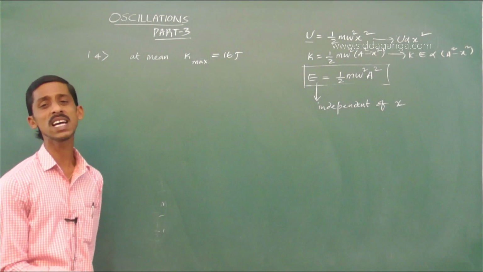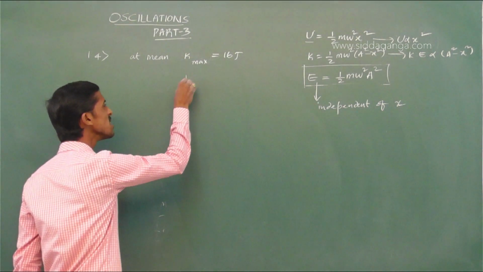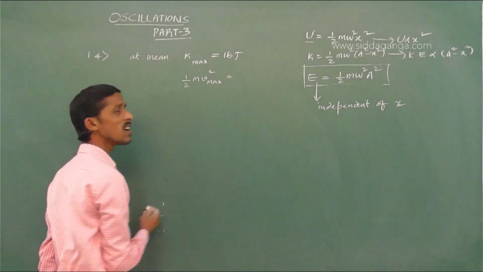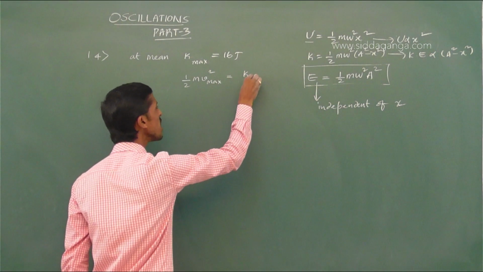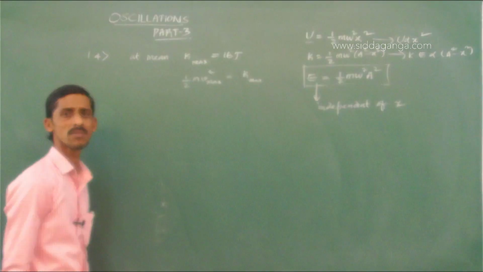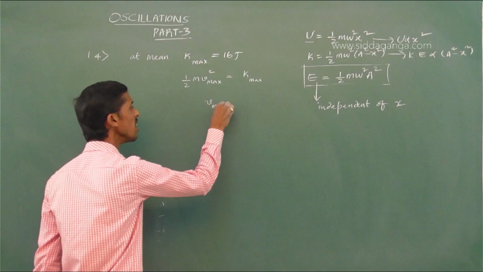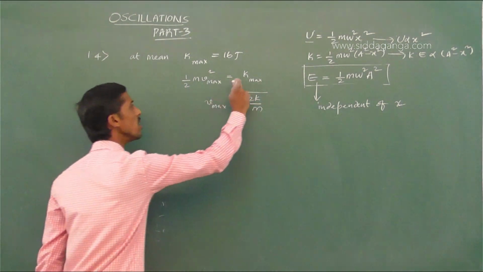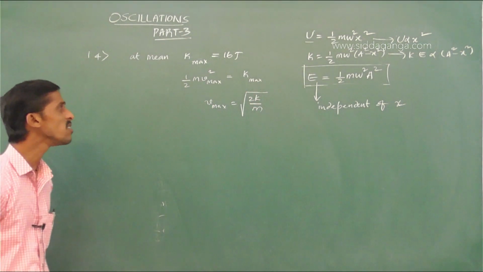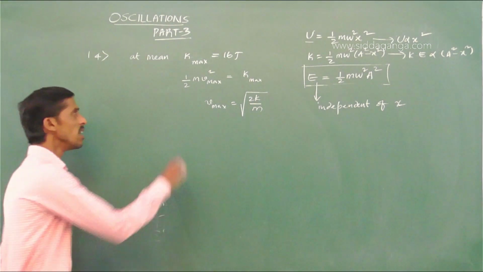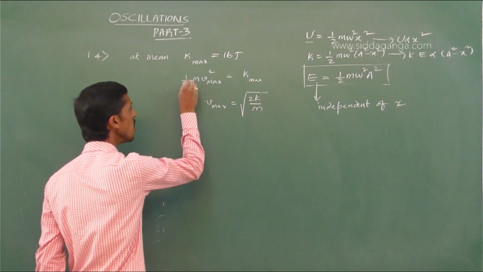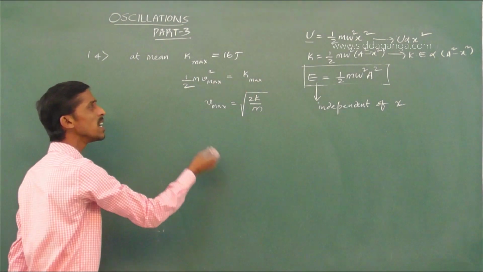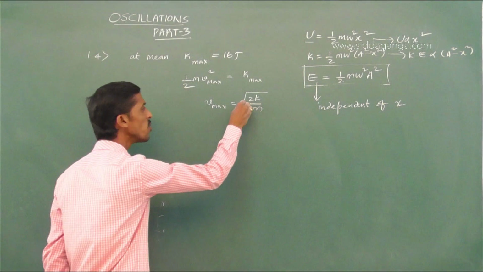What is the maximum velocity of the particle? When kinetic energy is maximum, obviously velocity is maximum. Half m v square maximum is equal to K maximum. So m v square is equal to 2K, v square is equal to 2K by m, v is equal to square root of 2K by m.